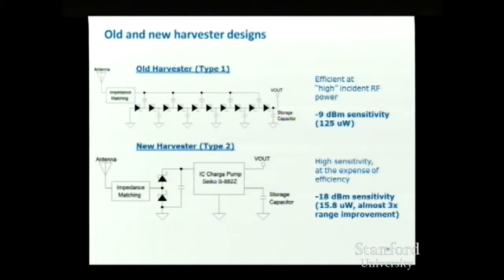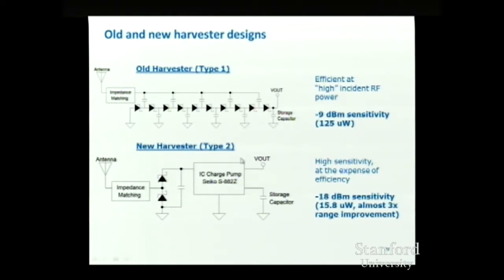Now, the way that we were able to operate using the cell phone power actually required a new type of harvester. This is our old harvester. I showed you a simulation of something like this a few minutes ago. You can see it's just a bunch of diodes, Schottky diodes in this case. What we found is that when the signals get very small, corresponding to being very far away from the reader, you do better having just a single stage of rectification followed by a DC to DC converter to get the voltage gain.